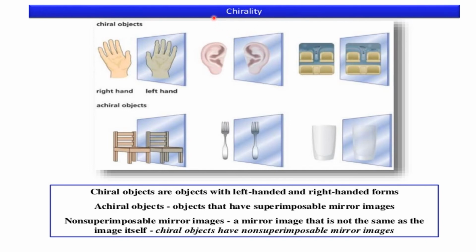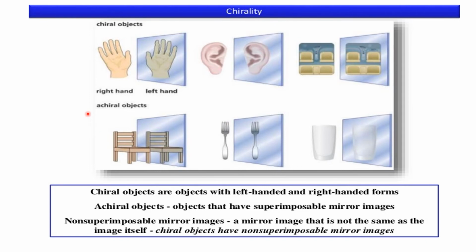So, chirality is defined as the phenomenon by which an object or molecule forms non-superimposable object mirror images. Now see here, this chair. A chair is an example of an achiral object because the object and the mirror image undergo superimposition. That means they are superimposable.